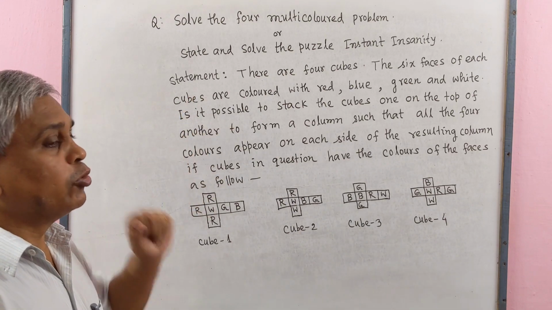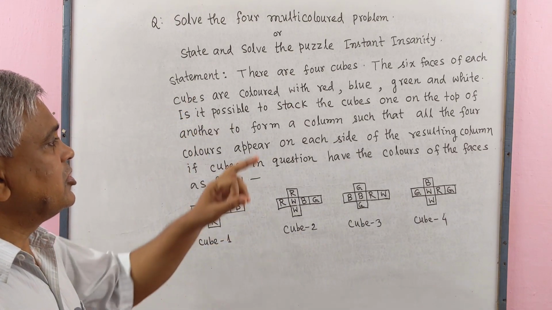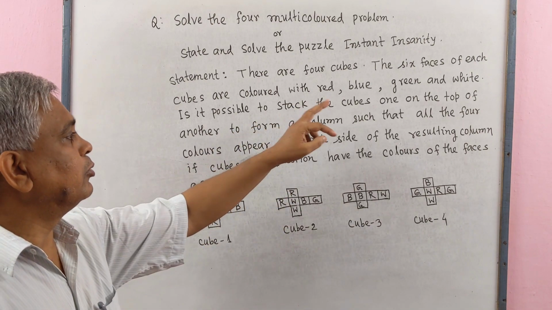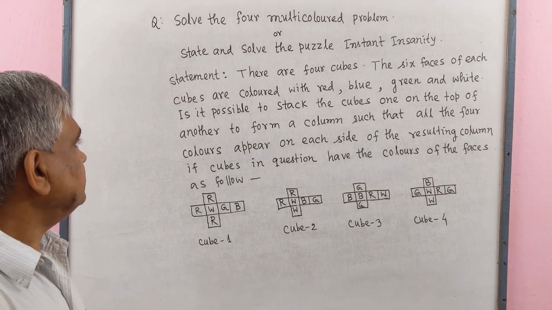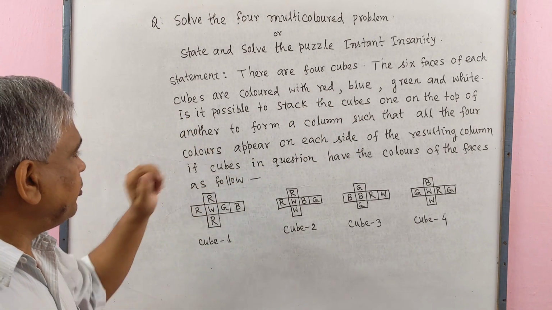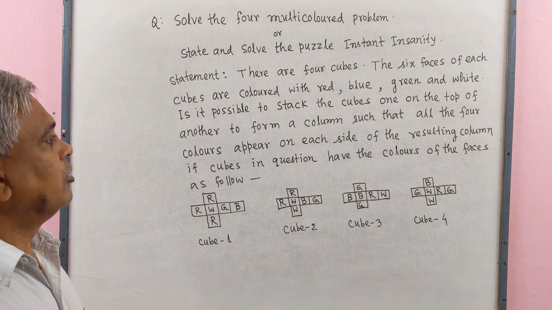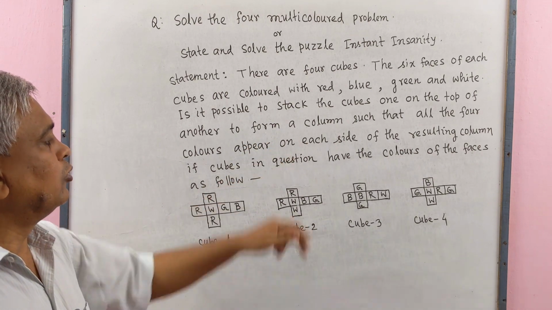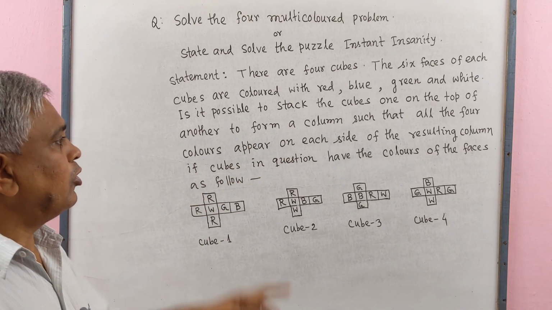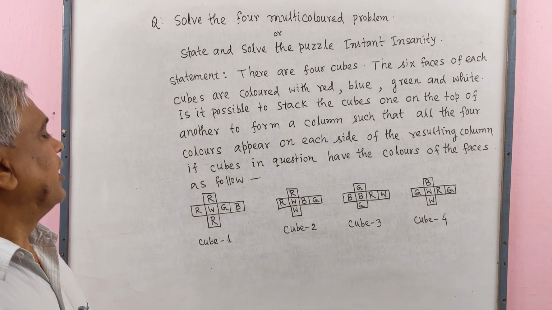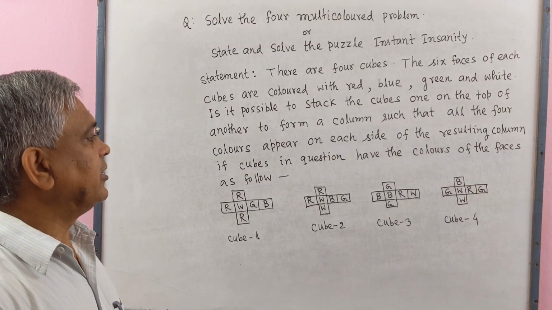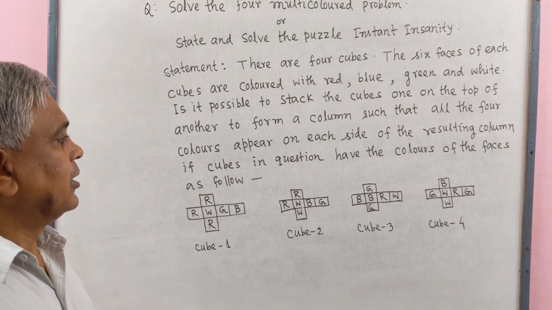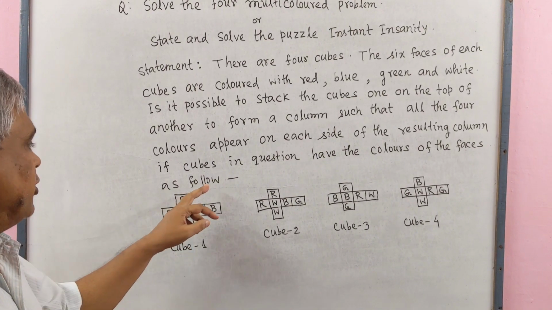Statement: there are four cubes. The six faces of each cube are colored with red, blue, green and white. Is it possible to stack the cubes one on top of another to form a column such that all four colors appear on each side of the resulting column, if the cubes in question have the colors of the faces as follows?